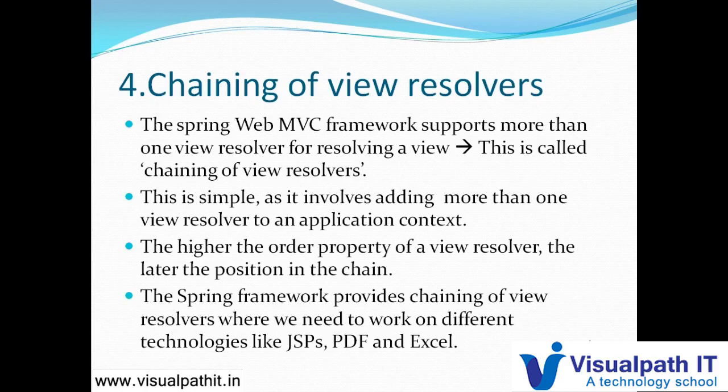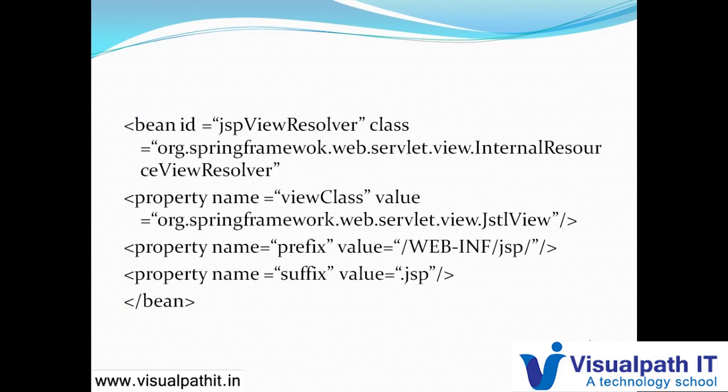It also needs some work with various technologies, like knowing JSPs, PDFs and Excels. Though it is a straightforward way of chaining the resolvers, we need to know how to simply add more resolvers in an application context. What we are doing here is setting the order property of different view resolvers.